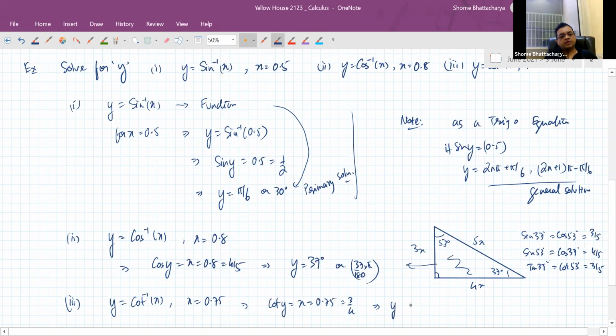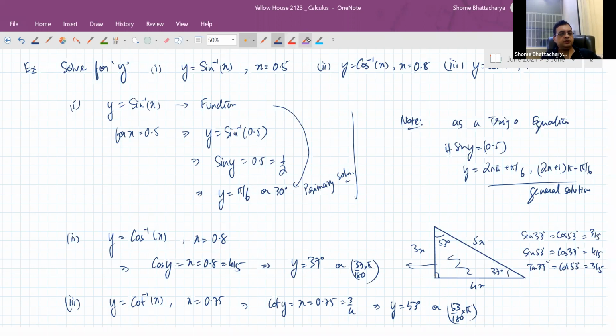So the primary solution is that y is equal to 53 degrees. You can always express the value of y in either degrees or radians, whichever is required according to the situation.